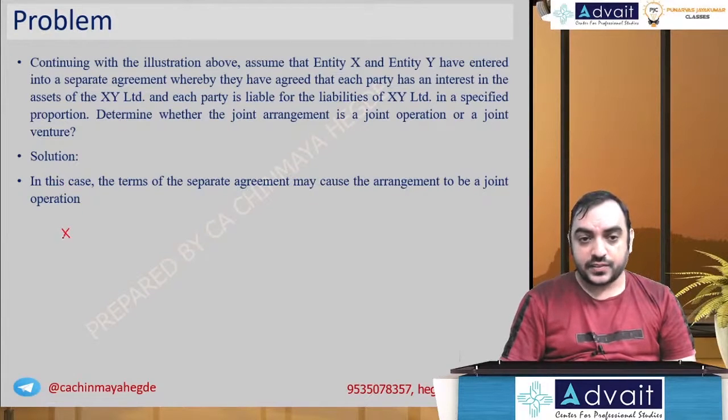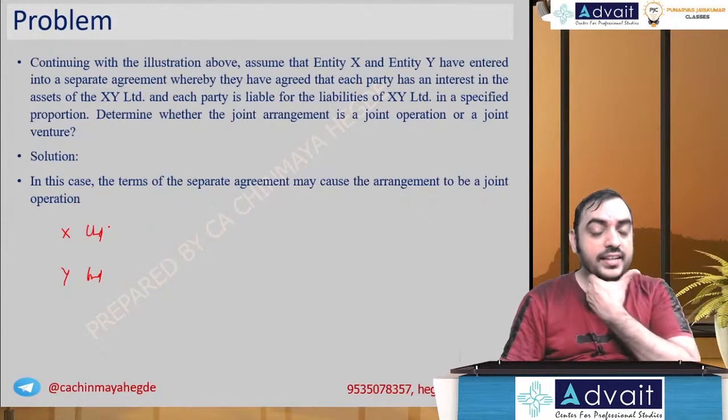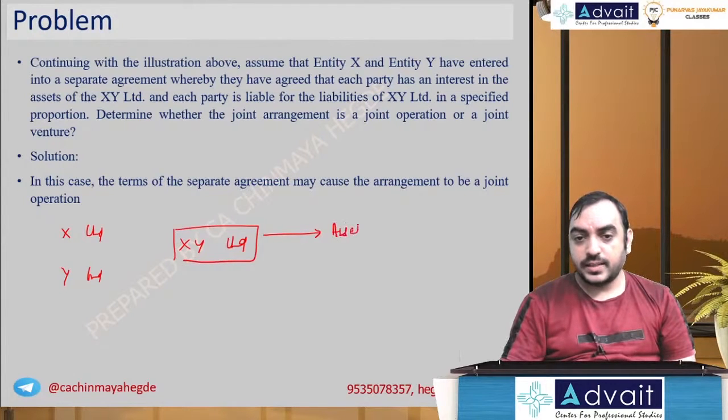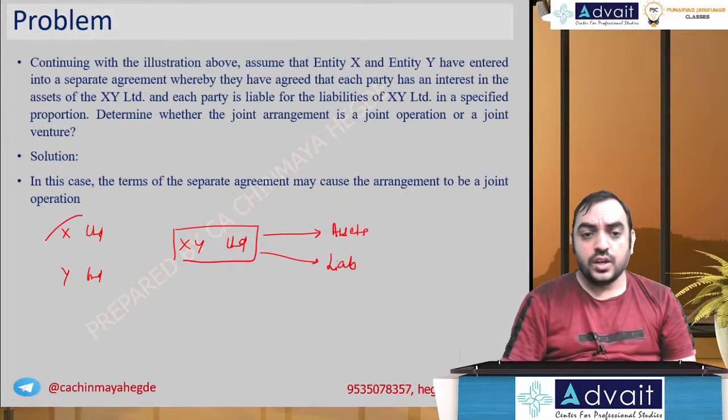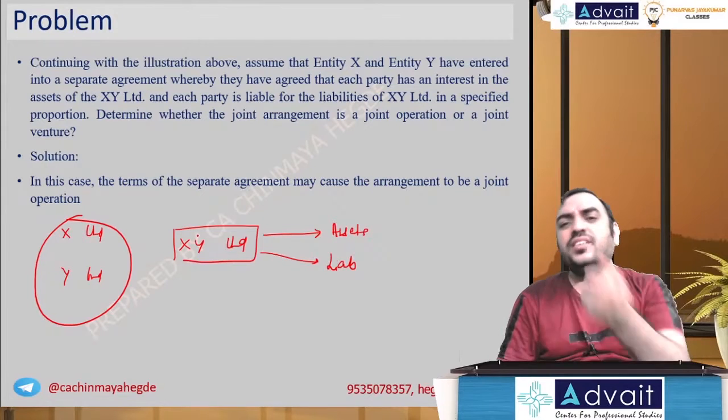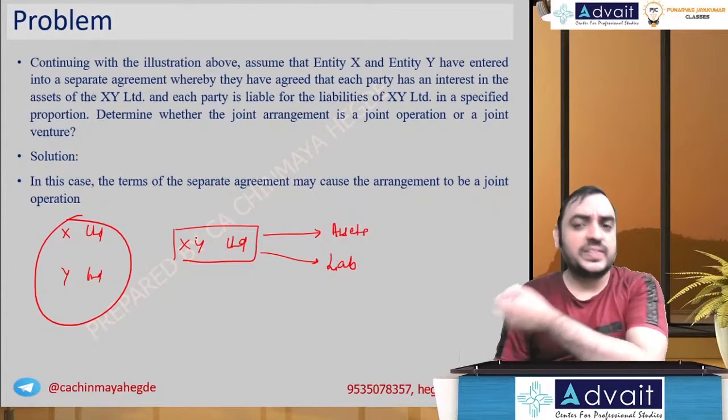See, entity X Limited and Y Limited have come together and formed XY Limited. XY Limited has some assets and some liabilities. So X Limited and Y Limited don't really own the individual assets and liabilities, right?